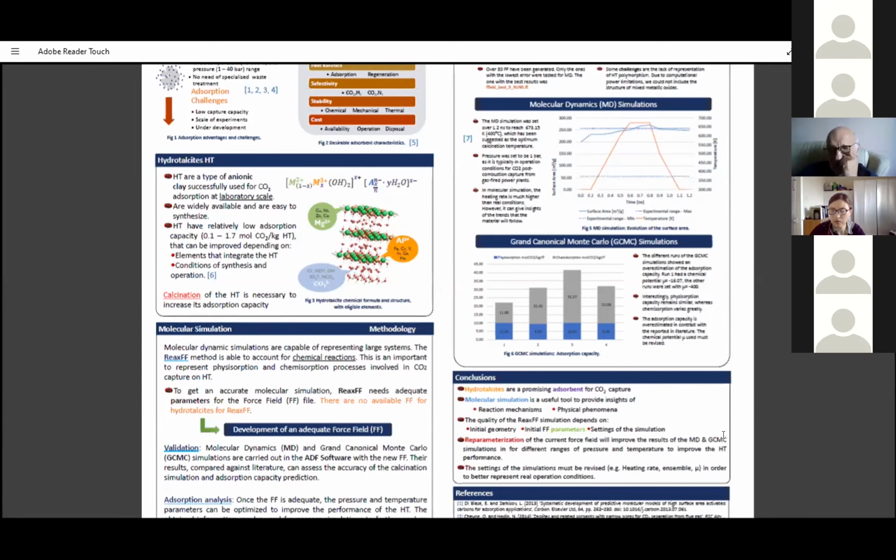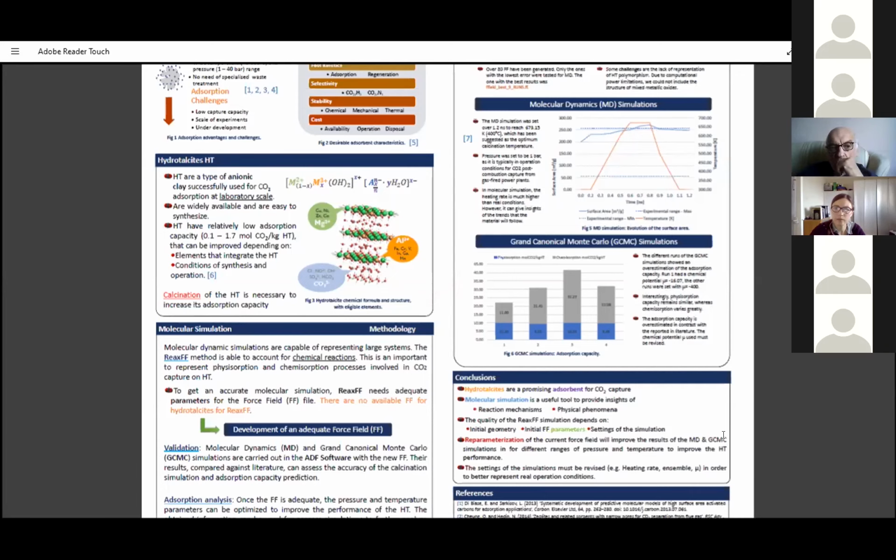And it's actually better in contrast with other adsorbents when it's done at higher temperatures. Other adsorbents at lower temperatures have better performance, but when you increase the temperature they do not work anymore, while hydrotalcite still does the job.